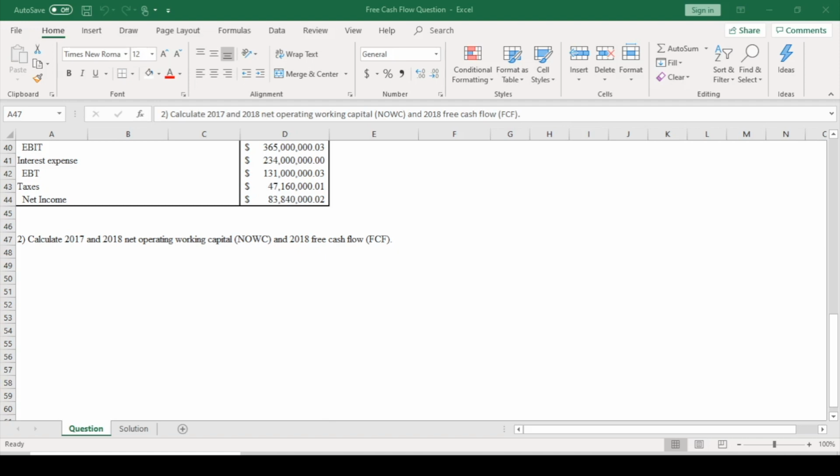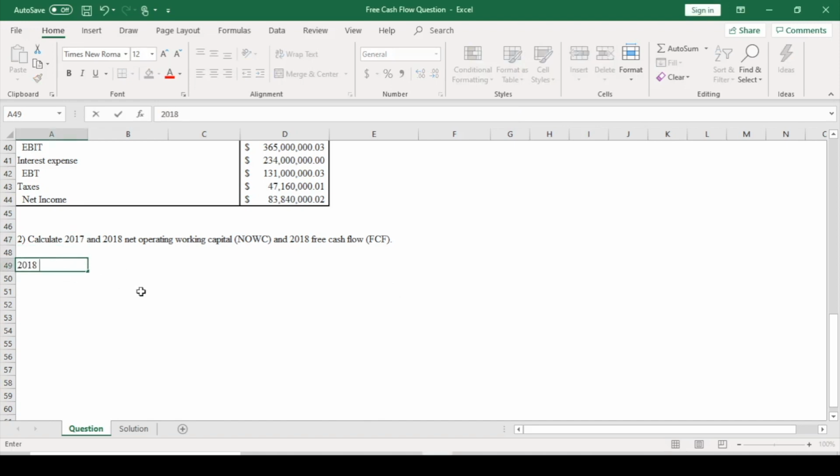Alright, now we are going to calculate 2017 and 2018 net operating working capital and 2018 free cash flow. I'm going to start with 2018 net operating working capital.